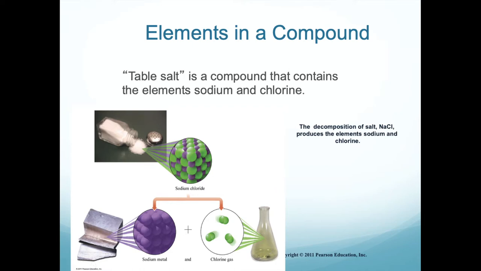Those are very, very different from our white crystalline solid, sodium chloride, that has a really high melting point. The melting points of sodium metal and chlorine gas are much, much lower than that. I mean, in the case of chlorine, obviously it's lower than room temperature. So that's why it's a gas at room temperature. So my point here is that you can tell that you've got a compound because it looks different than the elements that make it up.